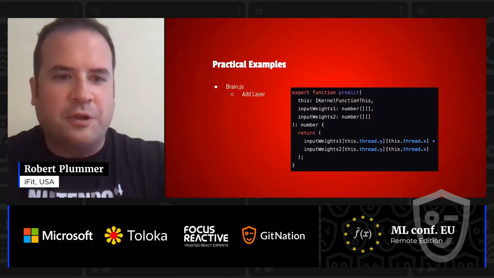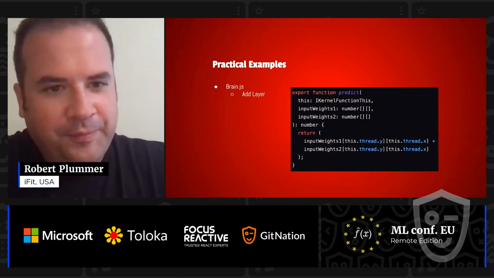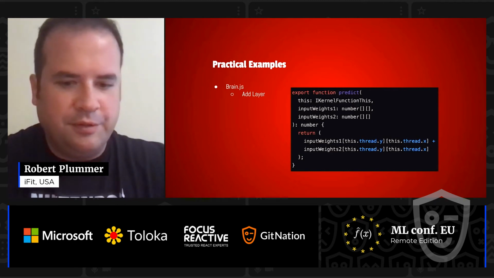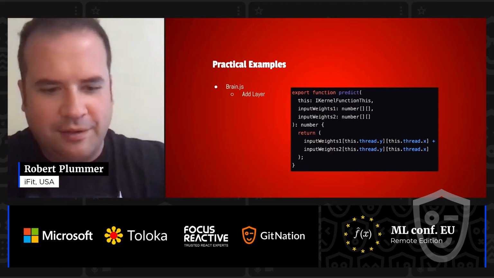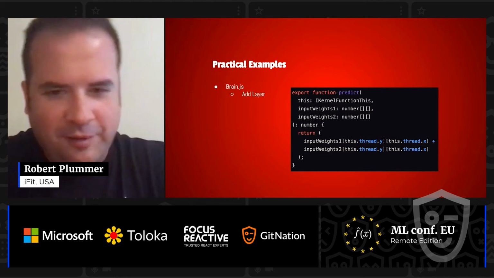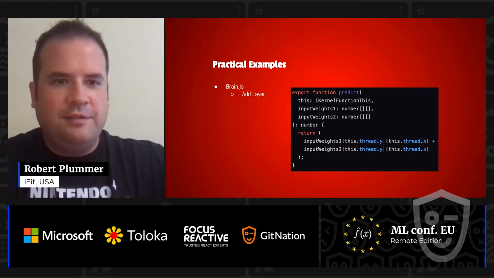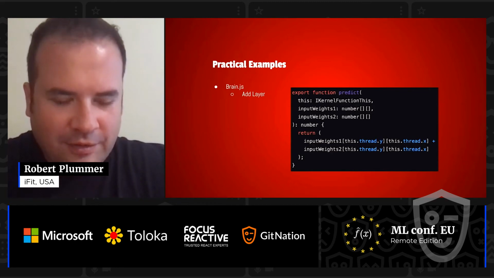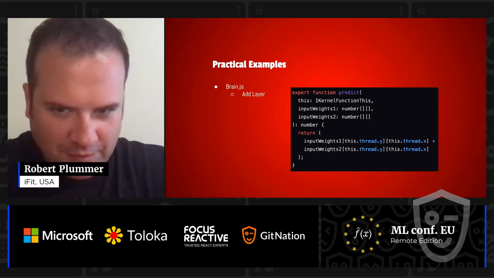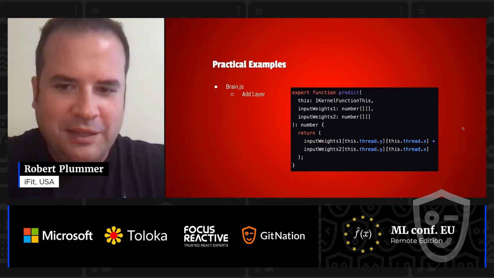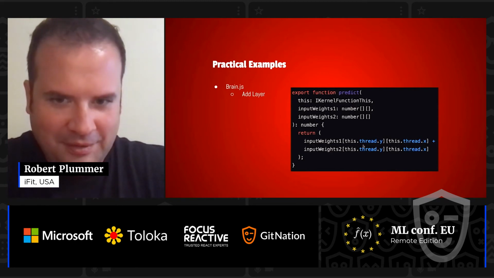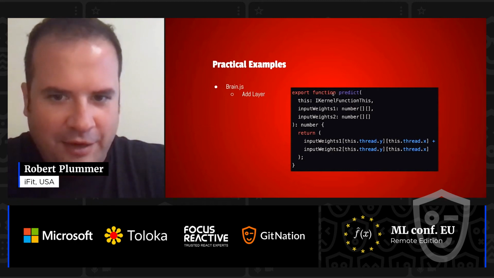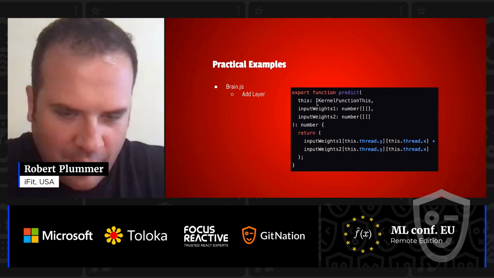And here's a more practical example in Brain.js. In machine learning, there are layers and there are forward propagation and back propagation. Just taking this one layer, which is the add layer, and we look at the predict or forward propagate function, we can see there's really one line of code aside from setting up the actual function name and the arguments.